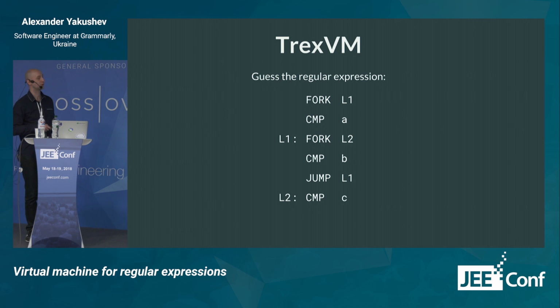So this part is A question mark. Then we have fork L2 over here, and the other thread will try to compare B and then jump back to L1. So this is B star, right, because it can jump over this part completely, 0 matches, or it can just spin in a loop. And the final one is just C.